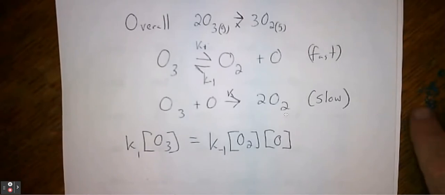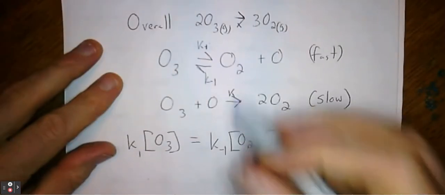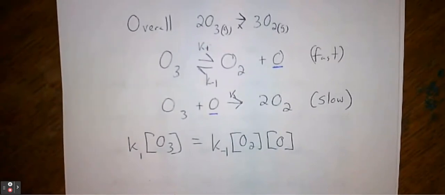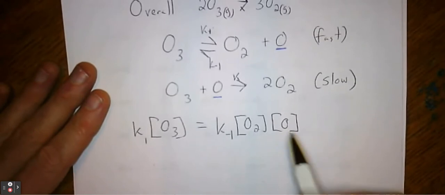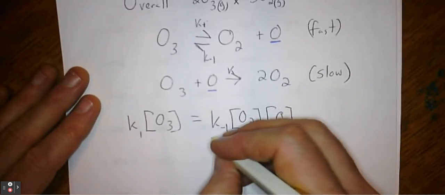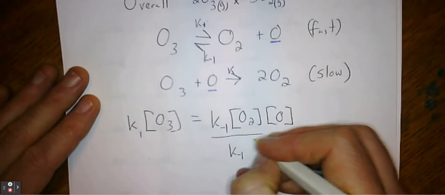And then I want to solve for any intermediates. If you look at the reaction, you can see that my intermediates are those oxygen free radicals. So I want to solve for O. And here's where things get interesting. To get O alone, I had to divide both sides by this.